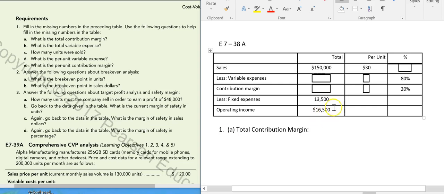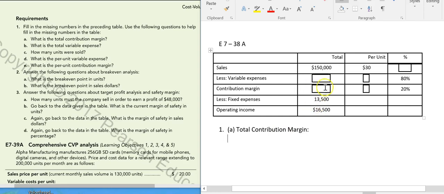We all know our contribution margin approach income statement. We start with sales, we subtract our variable expenses. This is how we get our contribution margin. Then we subtract our fixed expenses and finally we get our operating income.